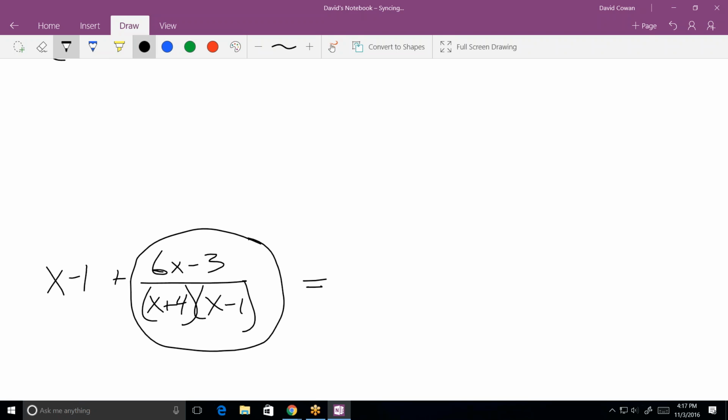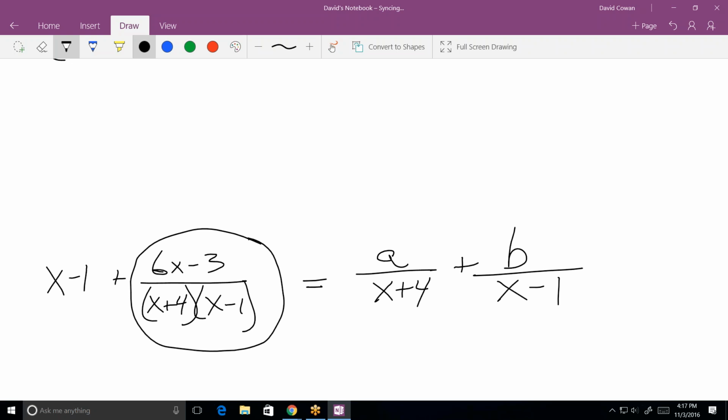So this is going to be A over x plus 4 plus, it's always plus incidentally, regardless of what signs are there. And then if B comes out to be negative, that's a different story.